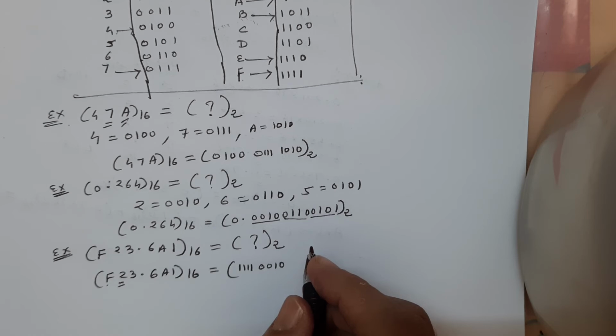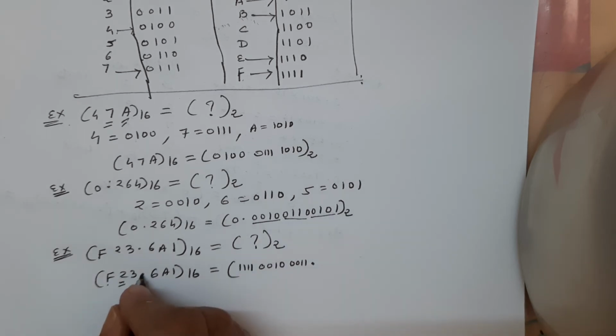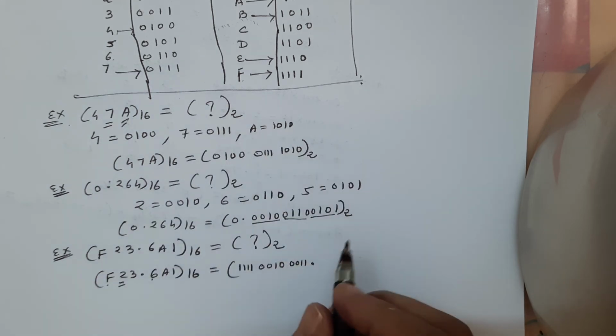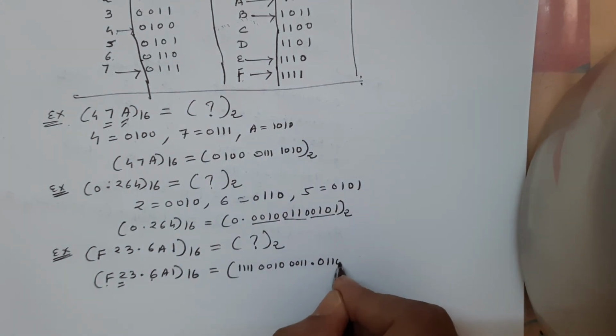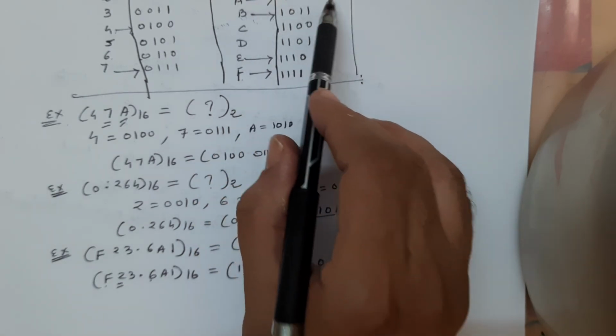Same way 3 is 0011, point, 6 means 0110. A means 1010.